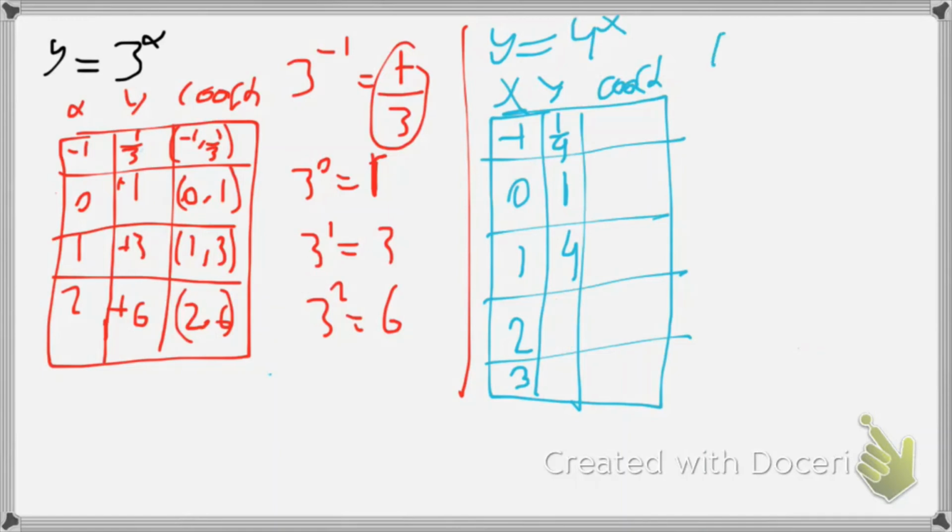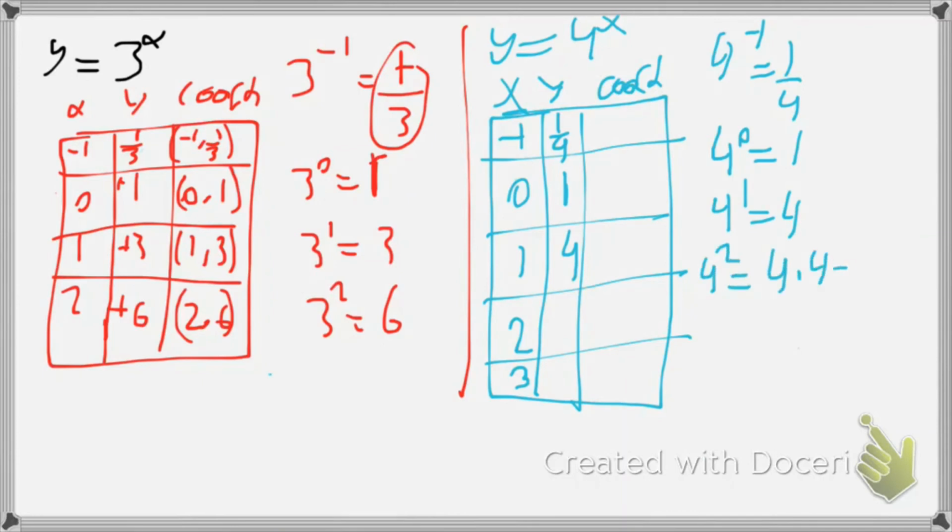So, I'm going to show my work over here. 4 to the power of -1 is 1/4. 4 to the power of 0 is 1. 4 to the power of 1 is 4. 4 to the power of 2 is 4 times 4, which is 16. And 4 to the power of 3 is not necessary because it's not on the graph, but I'll do it anyway, which is 64.